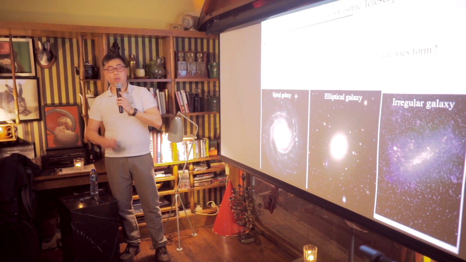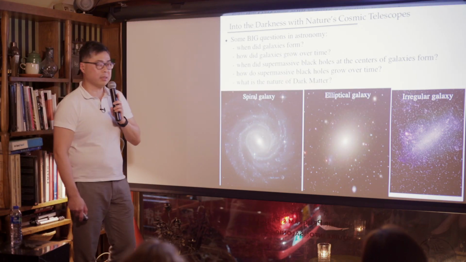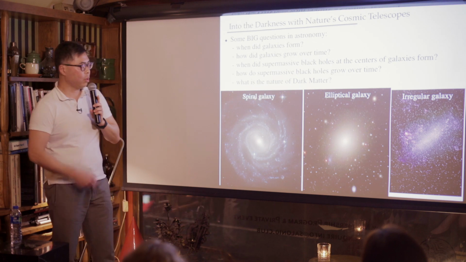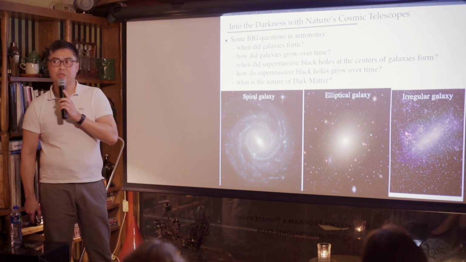We want to know how galaxies grow over time. Presumably galaxies start out being small with not many stars, and somehow they grew to become the kind of galaxies we see today. We're not interested just in how galaxies grow in size and mass, we also want to know why galaxies have the complicated structures that they have.